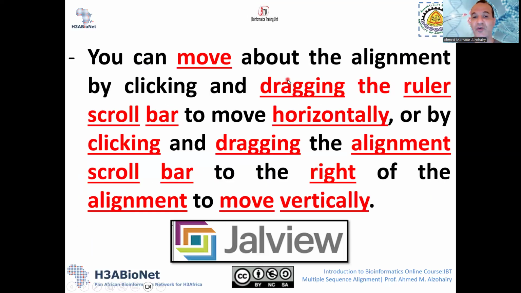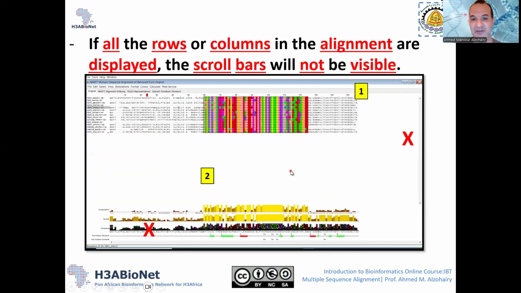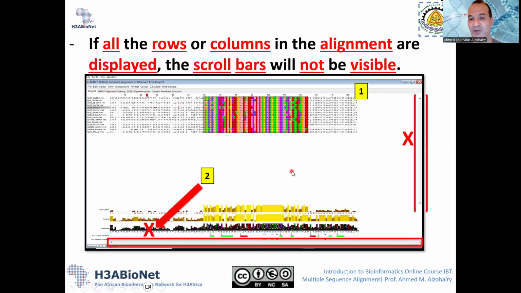You can of course move about the alignment by clicking and dragging the ruler scroll bar to move horizontally, or clicking and dragging the alignment scroll bar to the right of the alignment to move vertically. Of course, if all the rows and columns of the alignment are displayed, the scroll bar will not be visible.